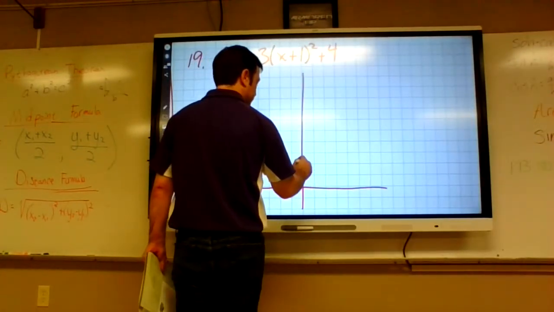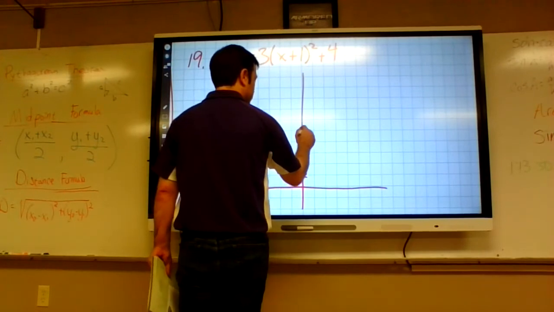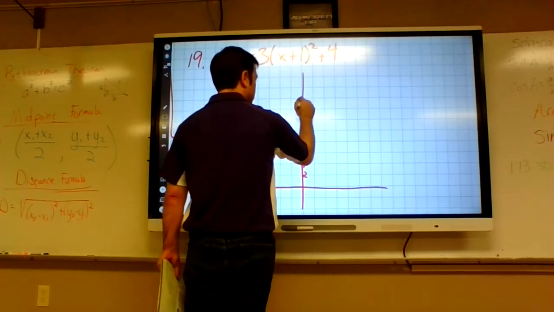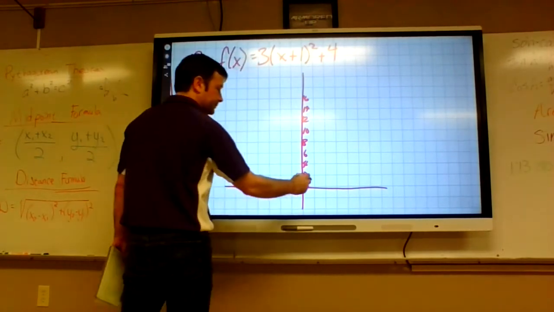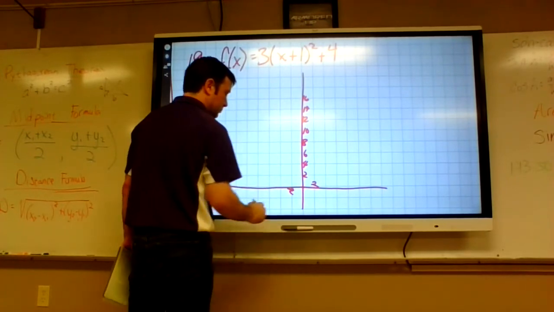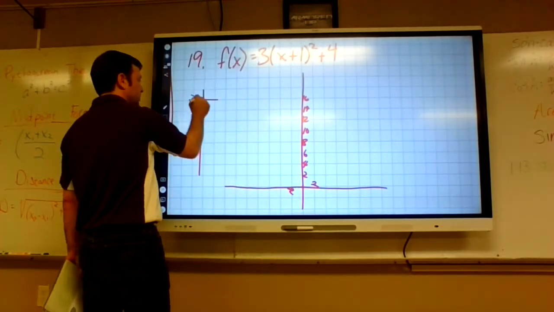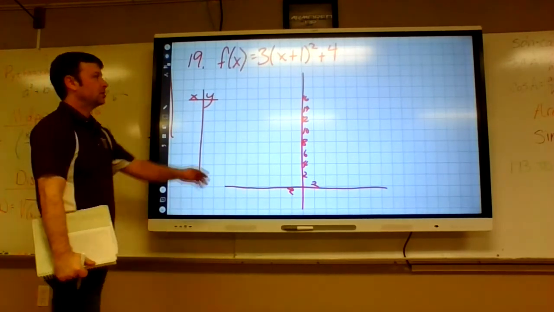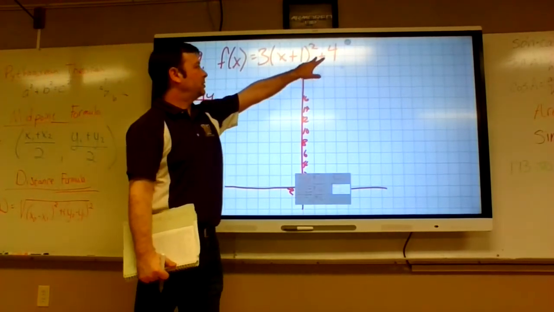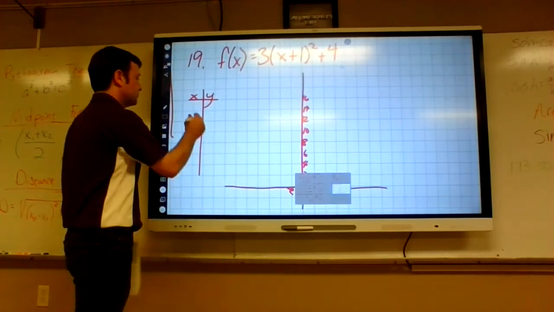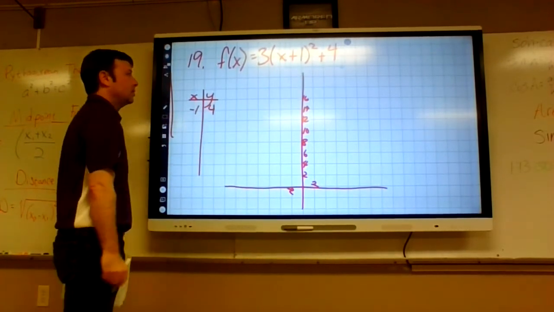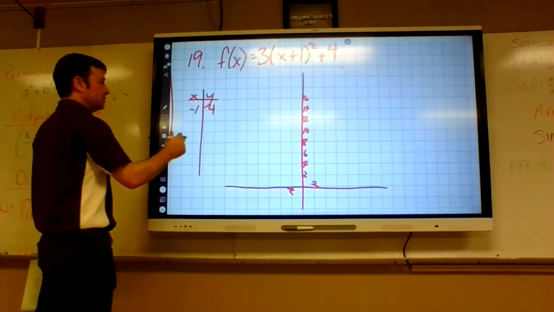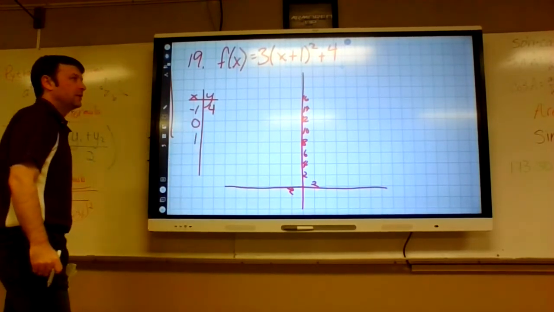So that's what I'm going to do. Where is the vertex? Negative 1, 4. What would be a couple x's to plug in? 0, 1. I plug in 0.